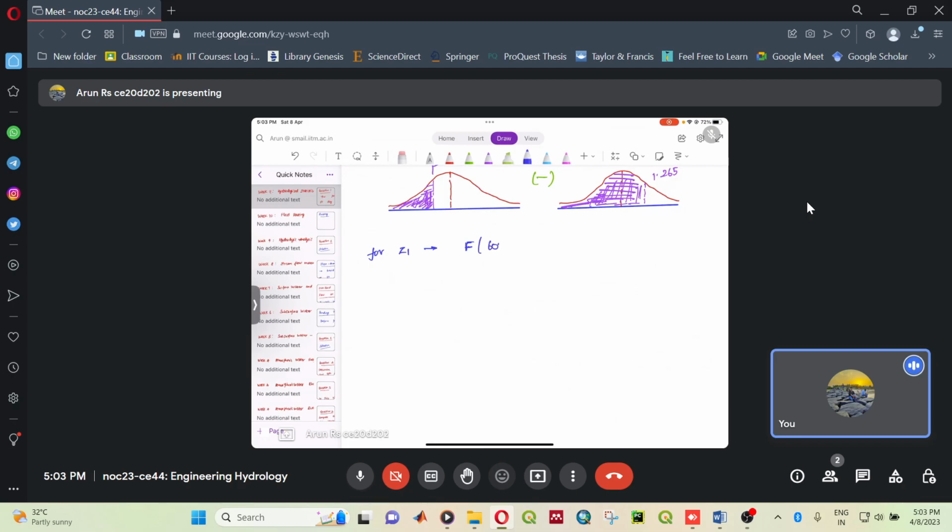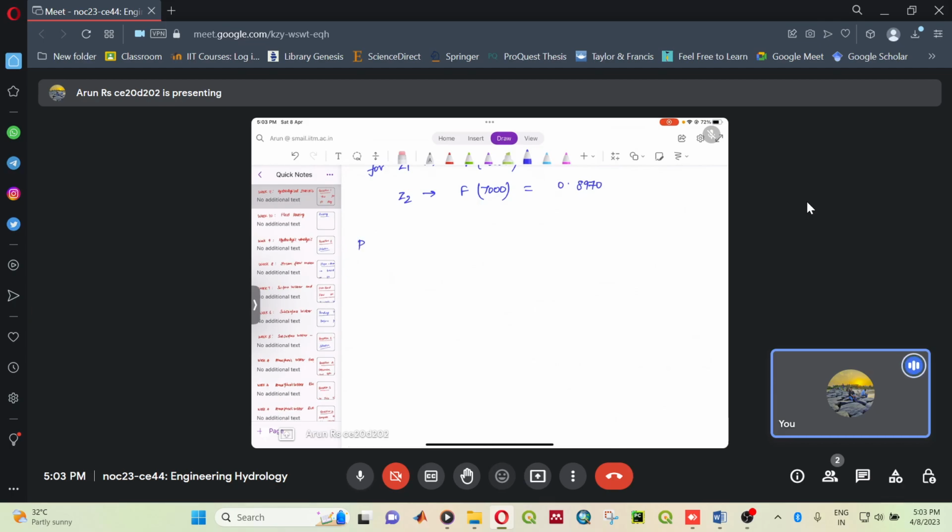So capital F of 6000, that is 0.6285. For Z2, it is 7000, that is 0.8970.